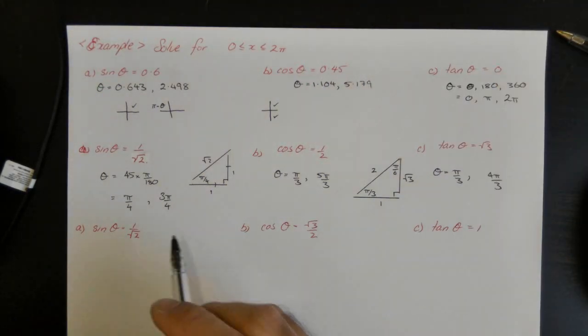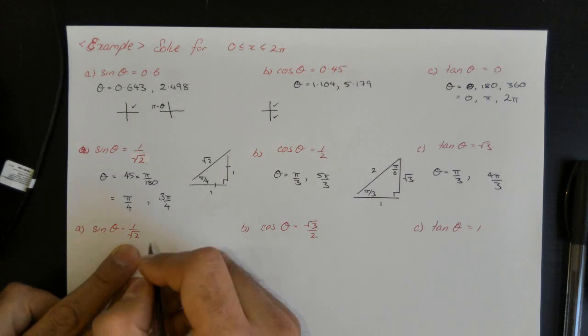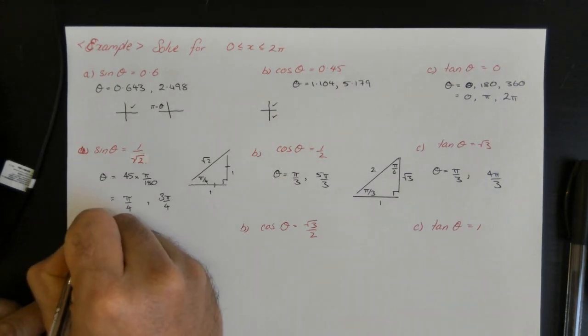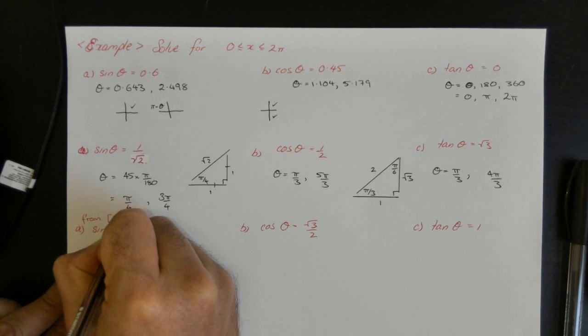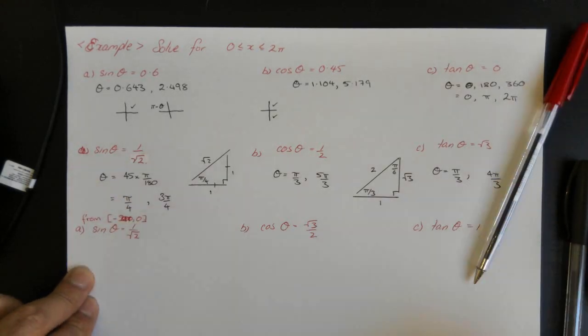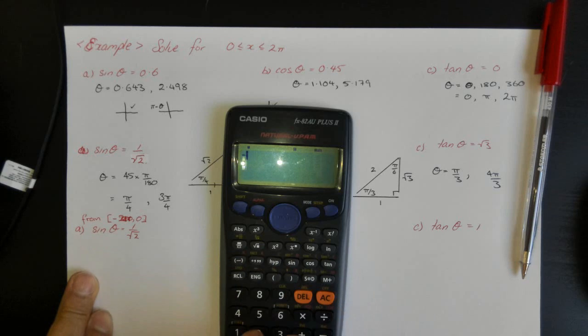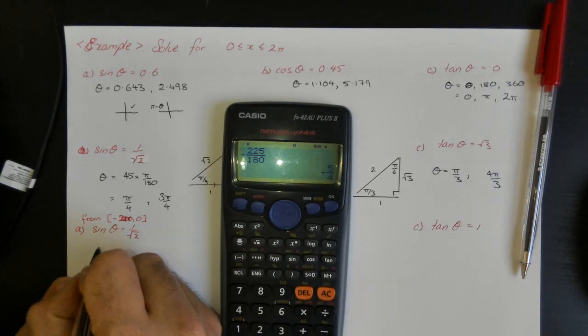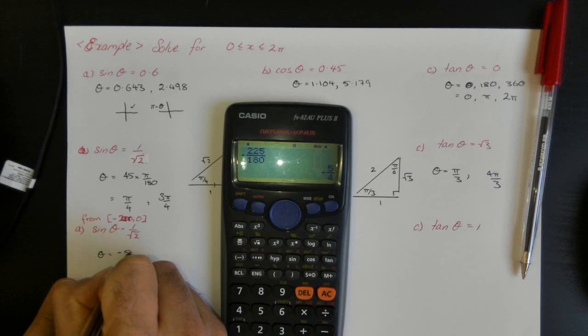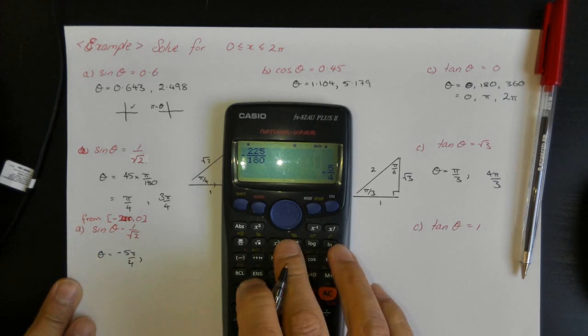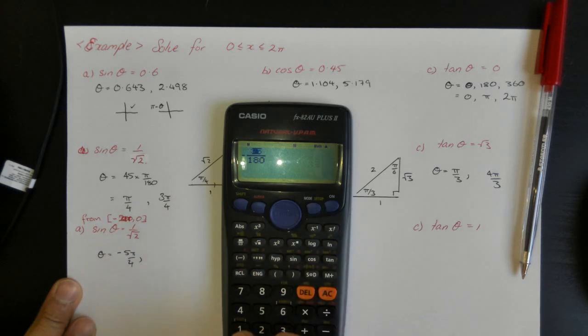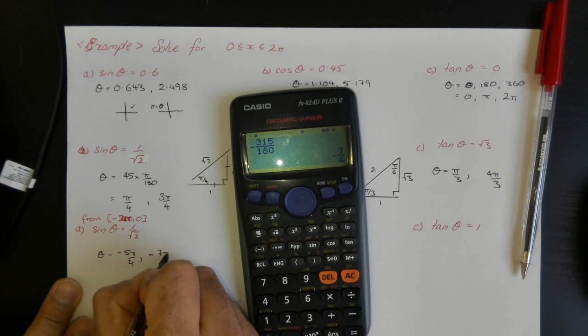We went backwards. This was going backwards from negative 360 to 0. Oh, sorry, negative 2 pi now to 0. So 225 over 180 gives me negative 5 pi on 4. And then we've got 315, which is negative 7 pi on 4.